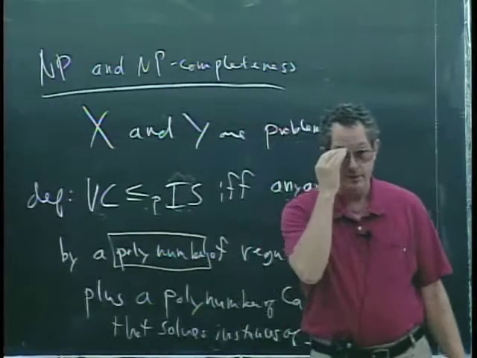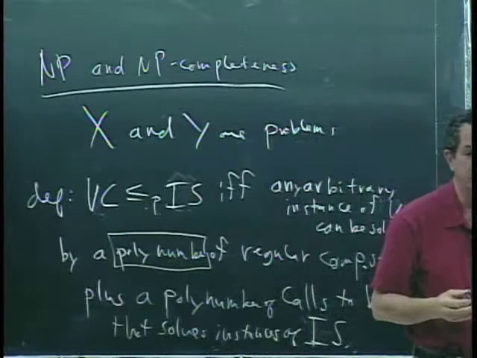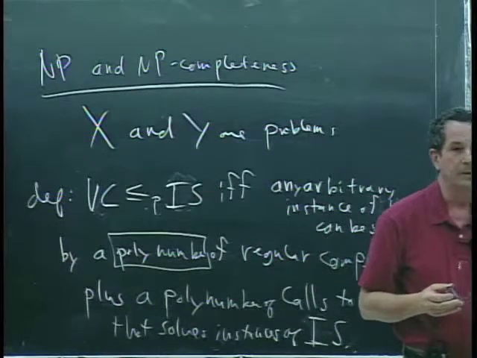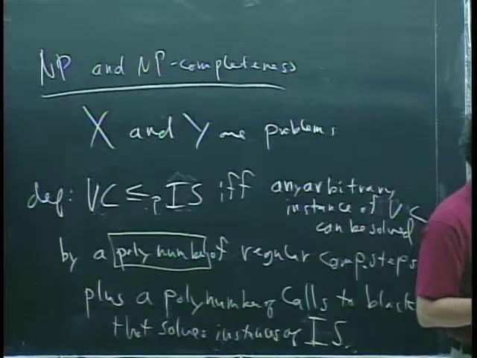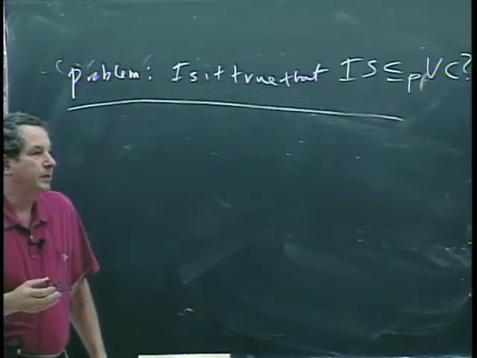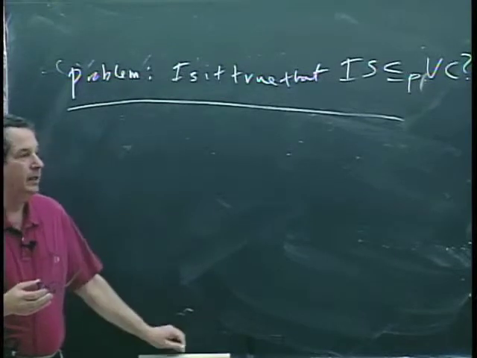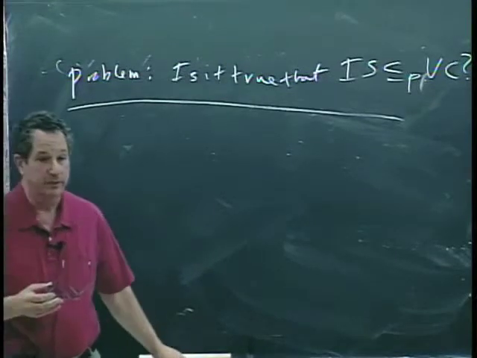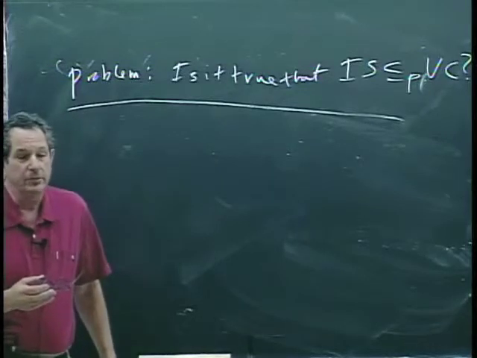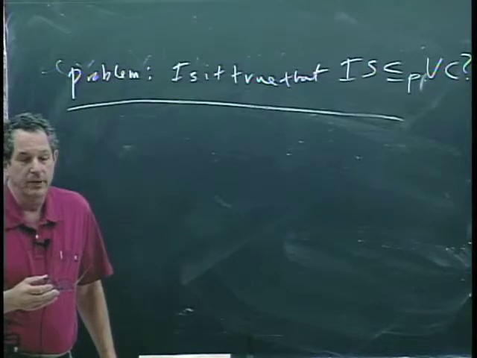Why is polynomial time reduction not generally reversible? Could you give us an example of a situation where one is reducible to the other, but it's not true in the converse? I can certainly give you plenty of examples where that's true. The question is whether I can convince you that it's true for that particular instance.